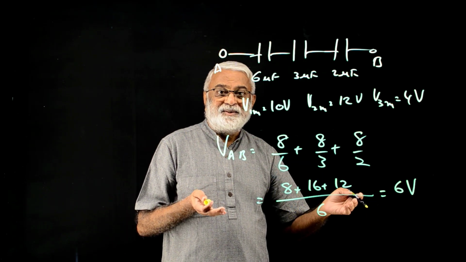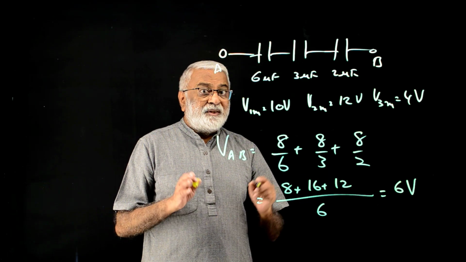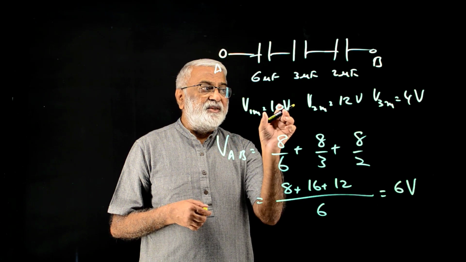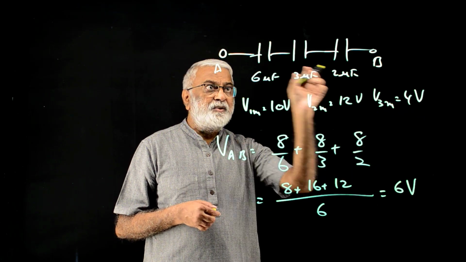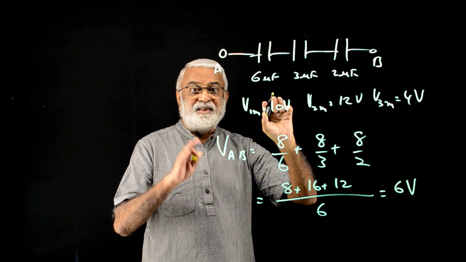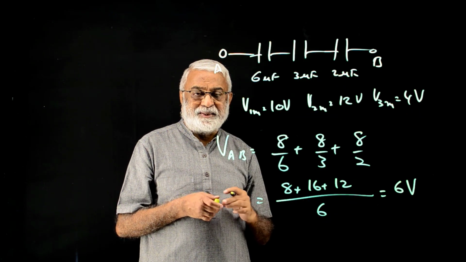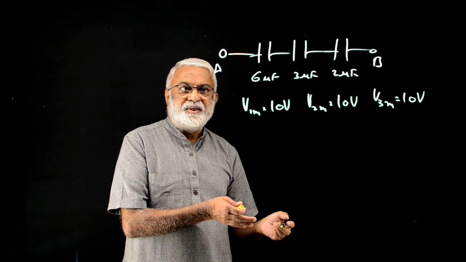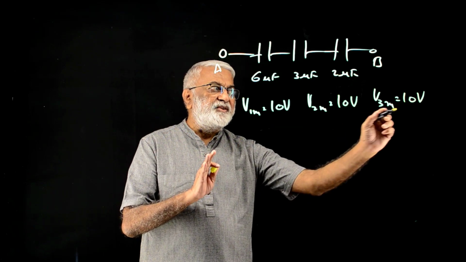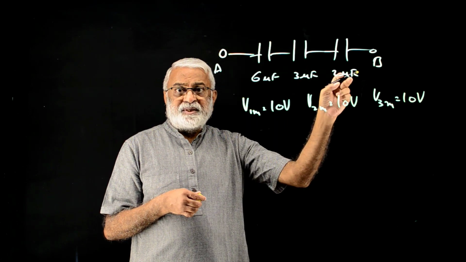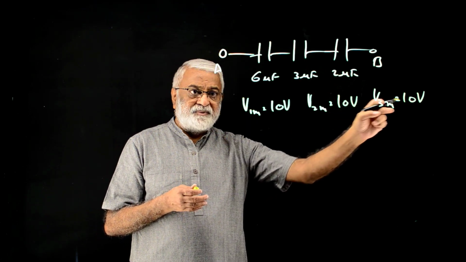Yeah, that's it. Even if they were all able to withstand an equal potential difference, say 10, 10, 10 each, you are not going to add them as 10 plus 10 plus 10 and say the system can withstand 30 volt. Even then you should do a calculation like this. Same situation as earlier, but now each of them can withstand the same 10 volt, and the maximum potential you can apply to the combination is not the sum of these three.